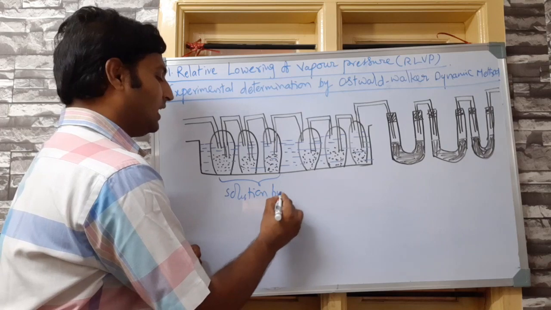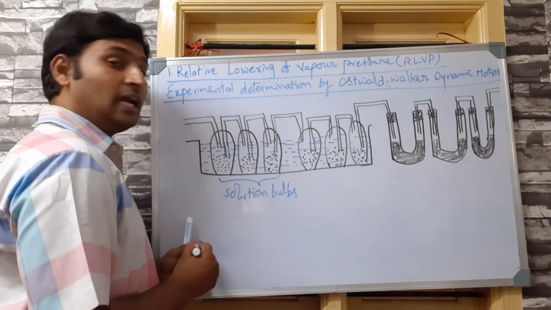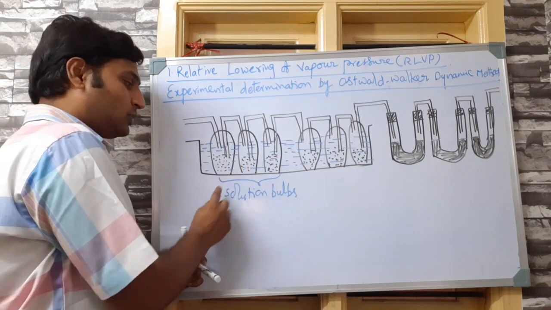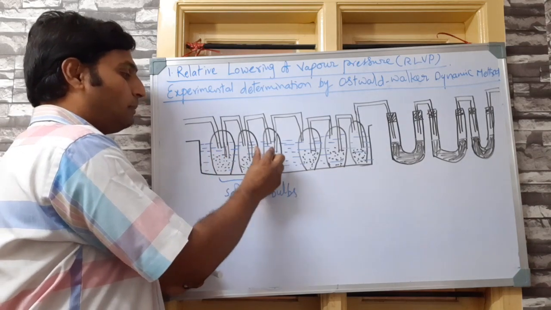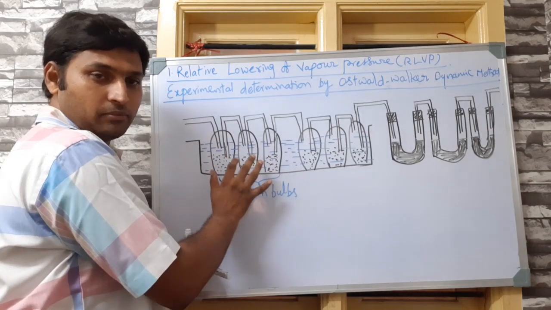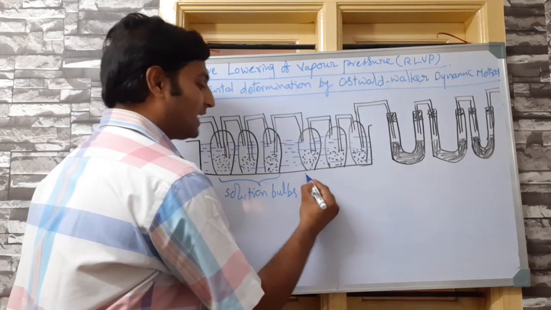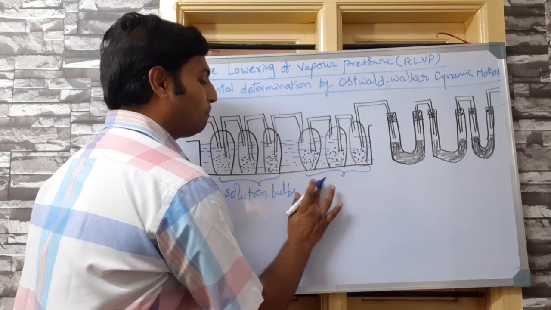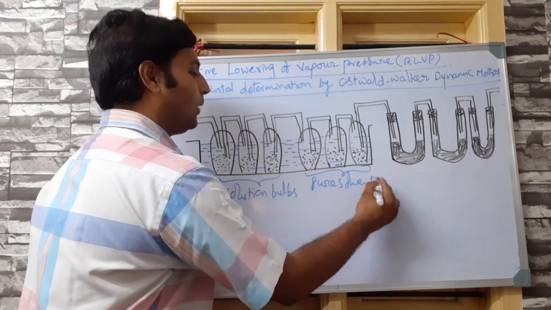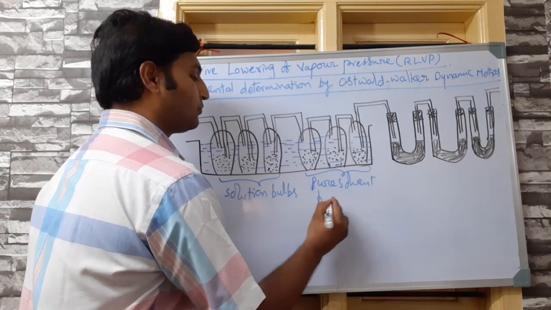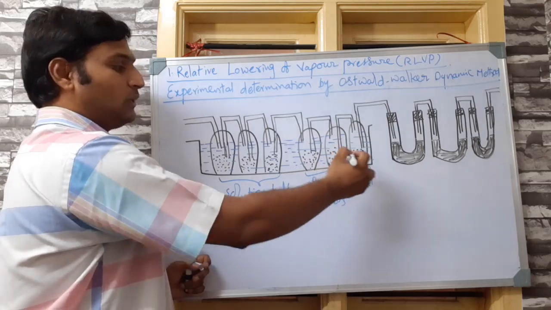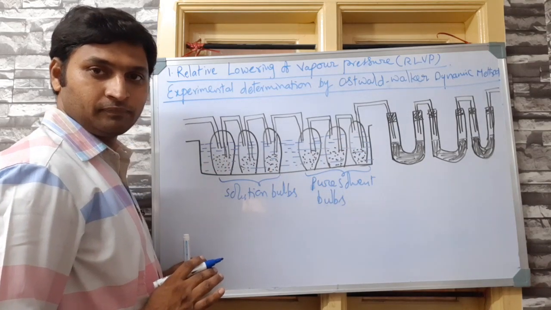So these are solution bulbs, means I have added a non-volatile solid solute to the solvent and prepared a solution, and I have filled that solution approximately up to 50% of these bulbs, I mean half of the bulbs. Then the next set of bulbs are pure solvent bulbs, means whichever solvent I have used to prepare the solution, the same solvent in its pure state will be taken in this set of bulbs.